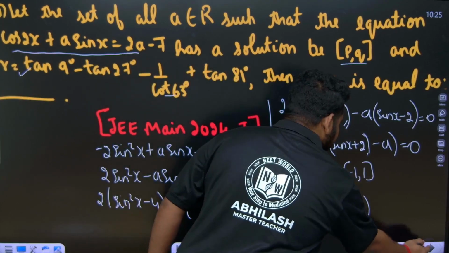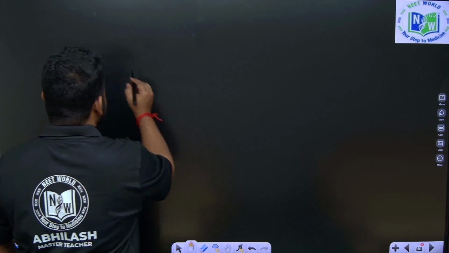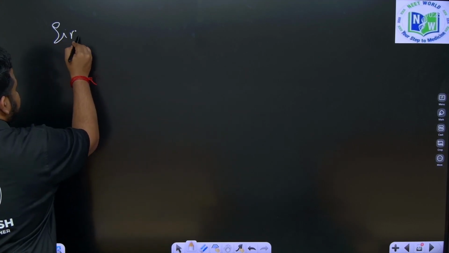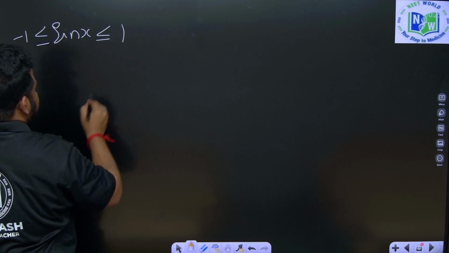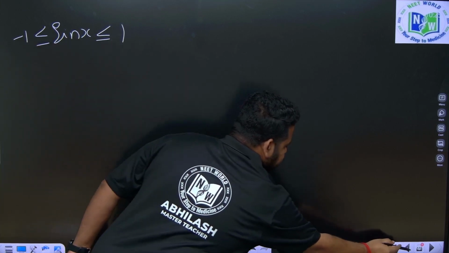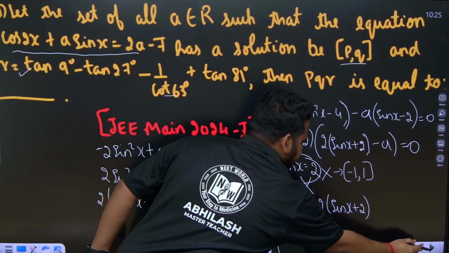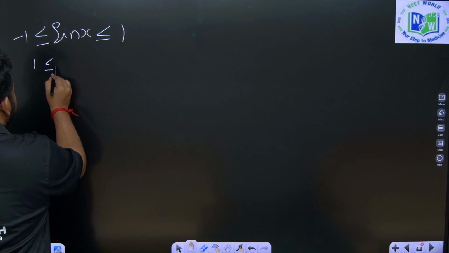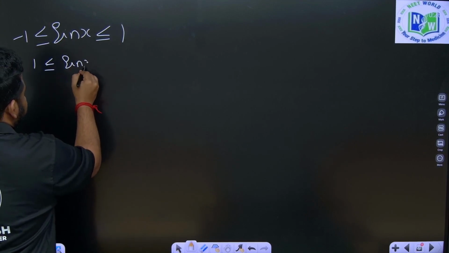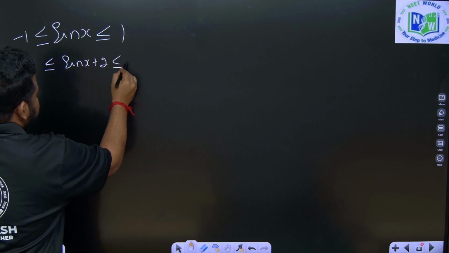Sin x, we know that its range lies between minus 1 to plus 1. Now we have sin x plus 2, so if I add 2 on both sides, sin x plus 2 is less than or equal to 3.